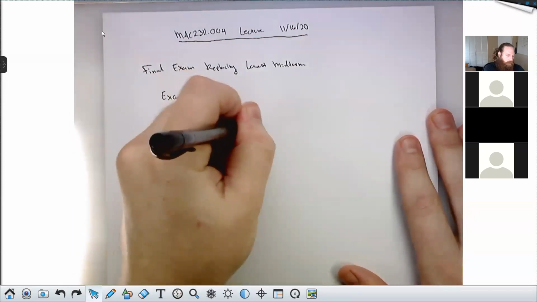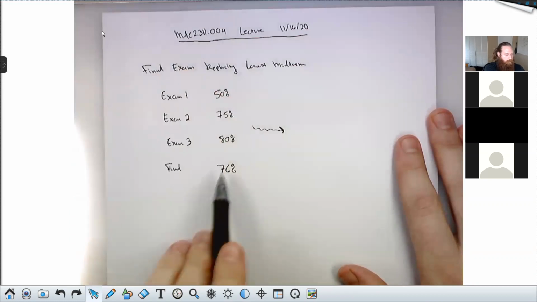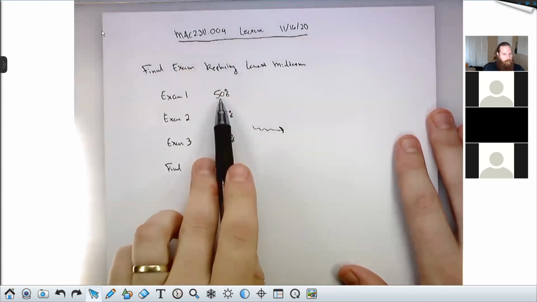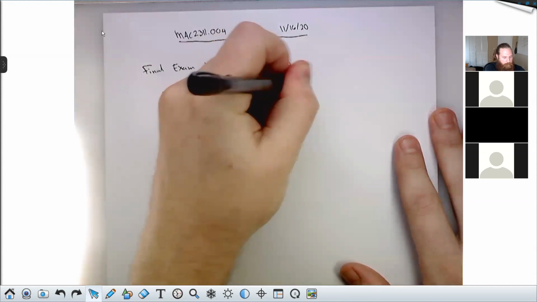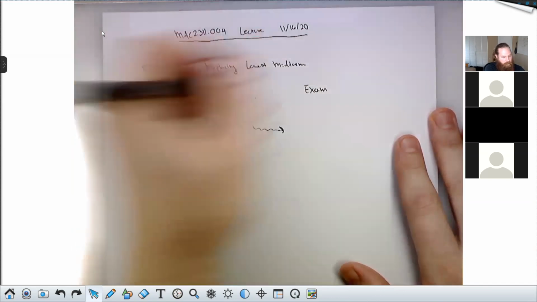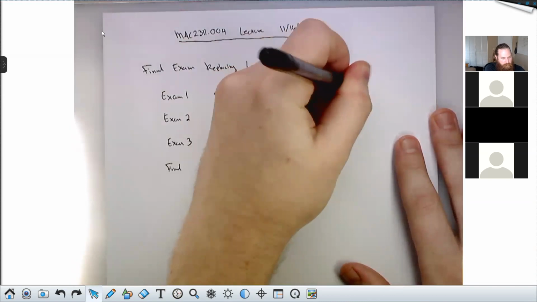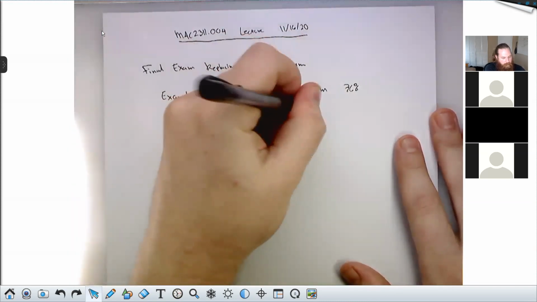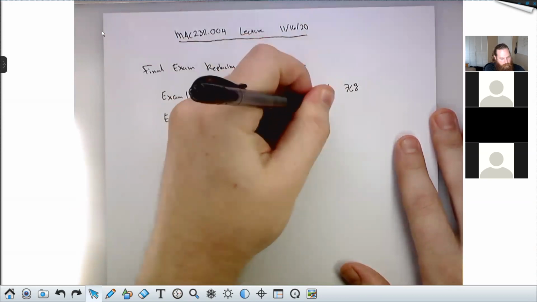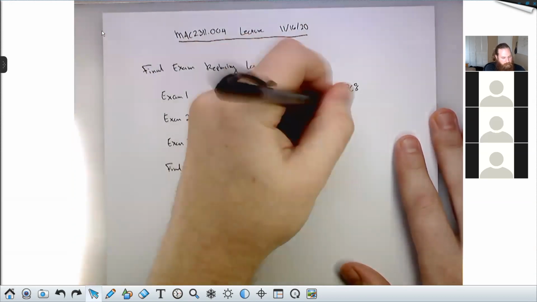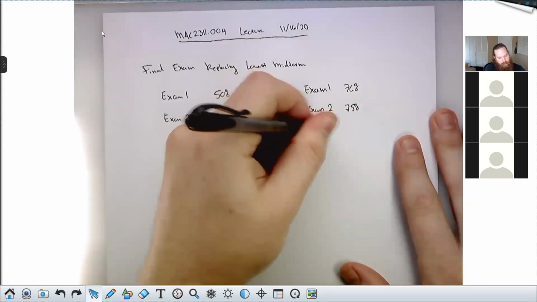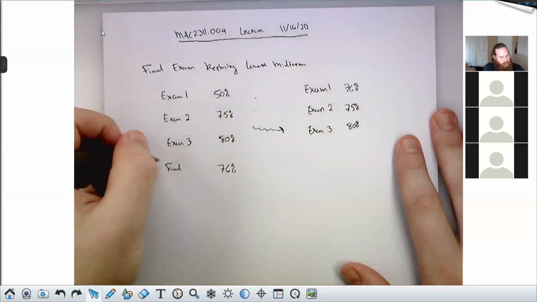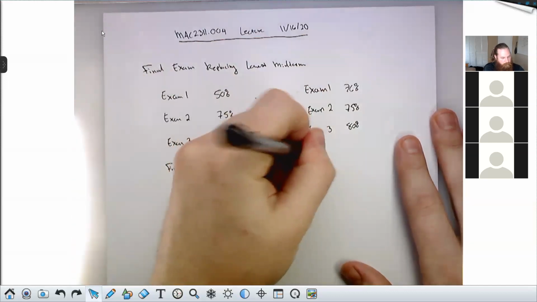Then what will actually go into the grade book: the final could replace either exam 2 or exam 1 because the final is better than both of those, but it will only replace the lowest. So I will update the grade book after the final, and your exam 1 would be a 76 because I would have replaced that. Exam 2 would stay the 75. Exam 3 would stay the 80. And the final would stay the final.